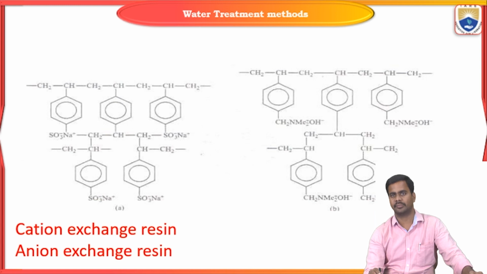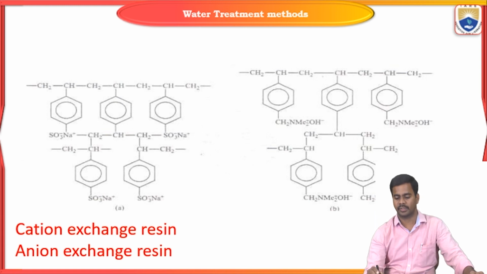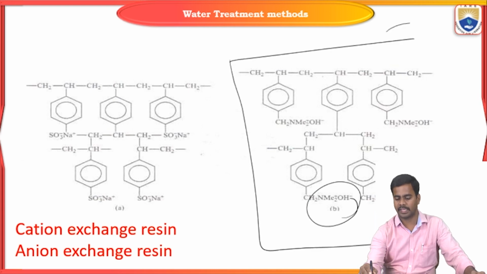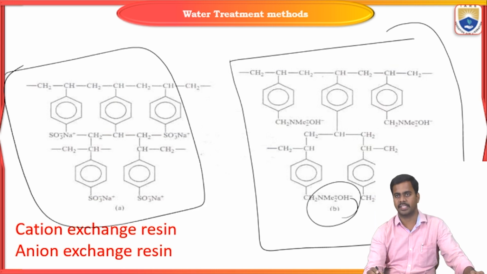In cationic exchange resin, the resin contains an acidic functional group, that is sulfonated sodium, whereas in anionic exchange resin, some basic functional group is there, that is the OH minus function. These are the basic functional groups. That's why we can say that this is the anionic exchange resin and this one is the cationic exchange resin.